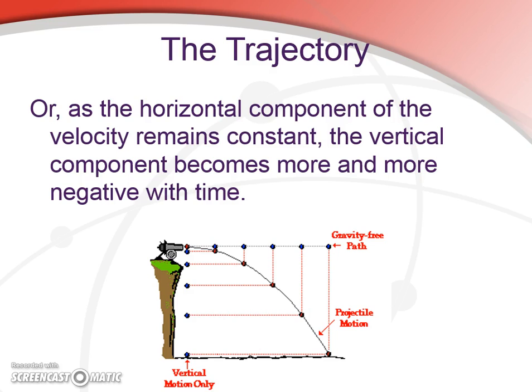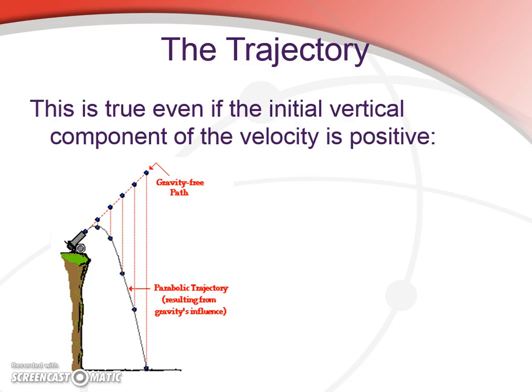And we can say that while the horizontal component remains constant velocity, the y component for our cannonball becomes more and more negative with time. It accelerates downward. And this applies equally if we had fired our cannon up into the air. We have the acceleration down, where it accelerates and begins to move downward faster and faster once it's gotten rid of its upward momentum.